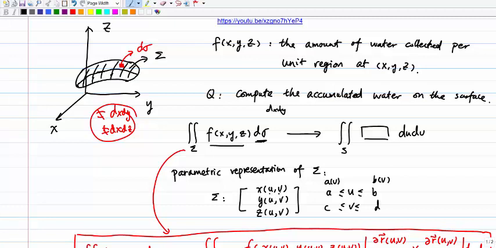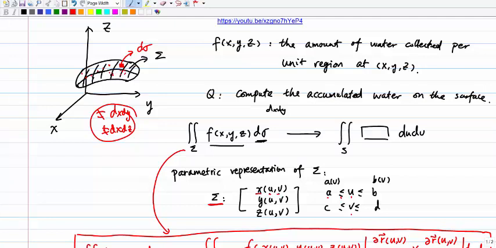Any point on the surface can be represented by some u and some v, by plugging into the functions: x is a function of u and v, y is a function of u and v, and z is a function of u and v. By figuring out the lower bound and upper bound of u and v in a proper way, I can represent this surface. Which means if I exhaust all the possible values of u and v, by computing x, y, z as functions of u and v, I can get every point on the surface. So that's the parametric representation.